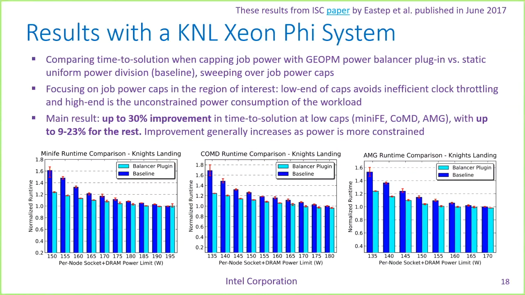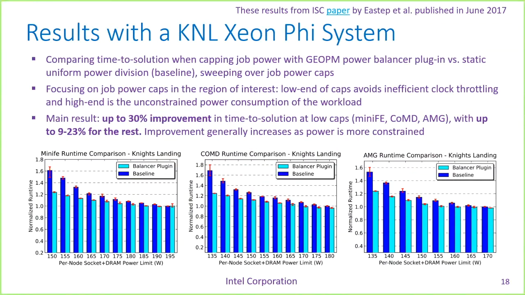We want to study a range of assumptions about how much the job is power capped, so we swept over different power caps and focused on what we consider to be the region of interest. We set the low end of the power caps to avoid unrealistic scenarios where the processors are kind of panicking to achieve that power cap. We don't want that.